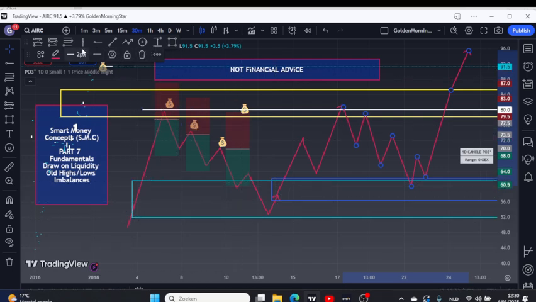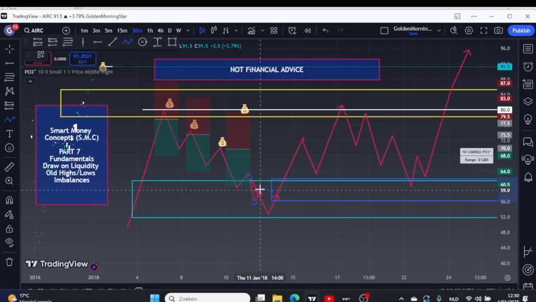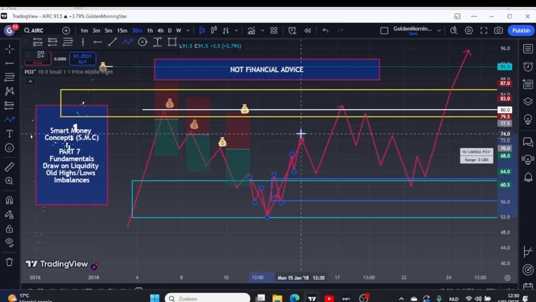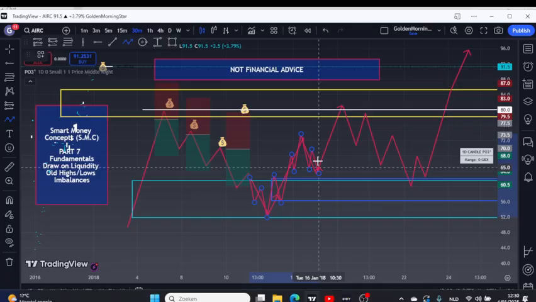So in these fractals on lower time frames, we will see that price was actually doing this. It creates more liquidity.